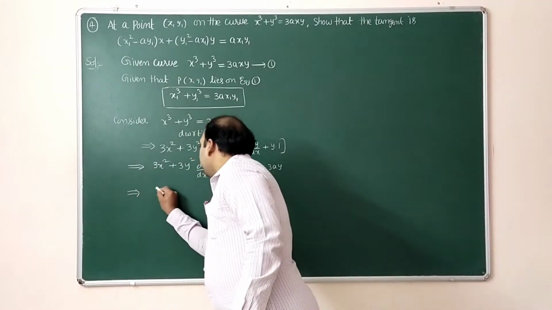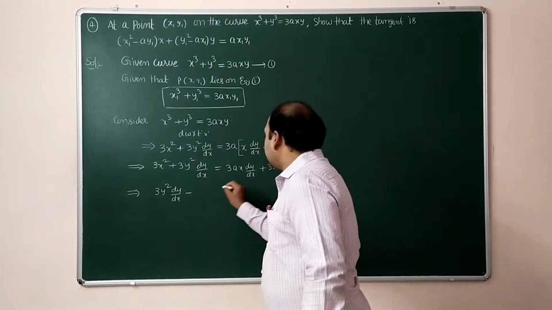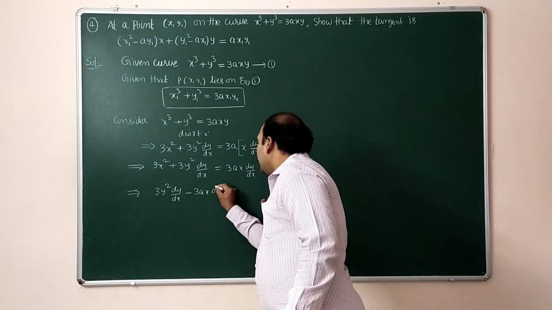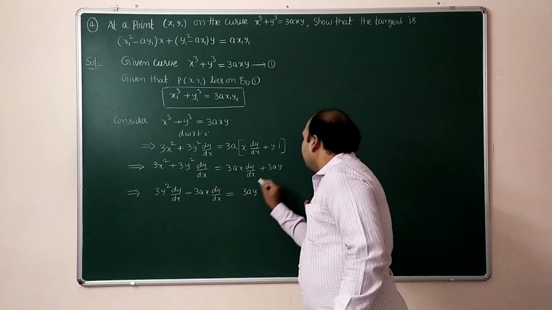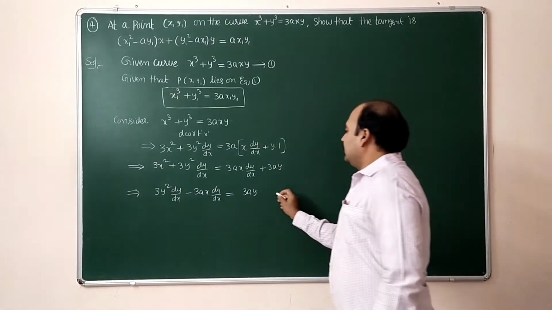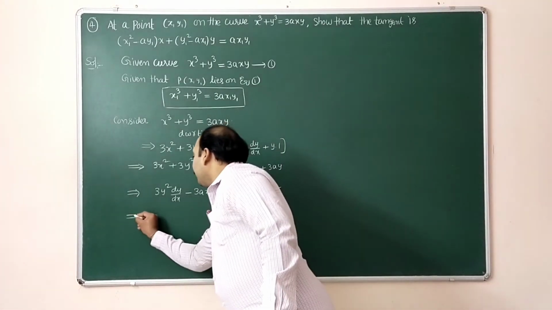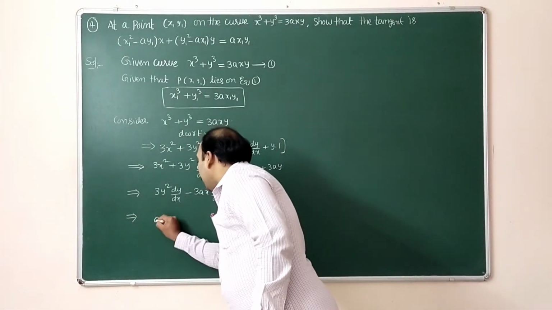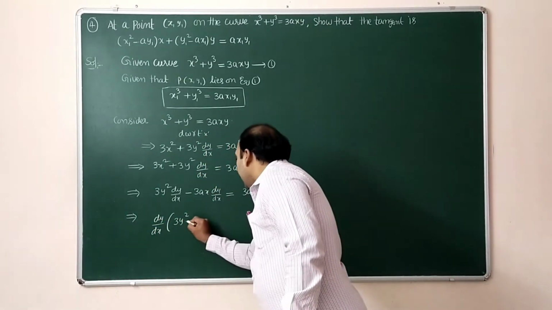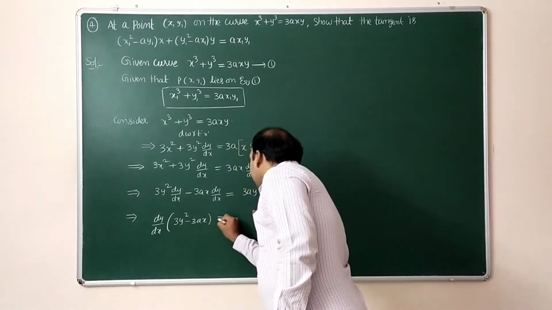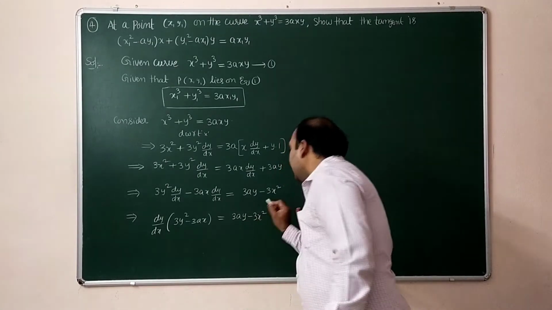Now 3y square into dy by dx minus 3ax into dy by dx is equal to 3ay, and 3x square I am taking to this side, minus 3x square. So now dy by dx take common: dy by dx into (3y square minus 3ax) is equal to 3ay minus 3x square.